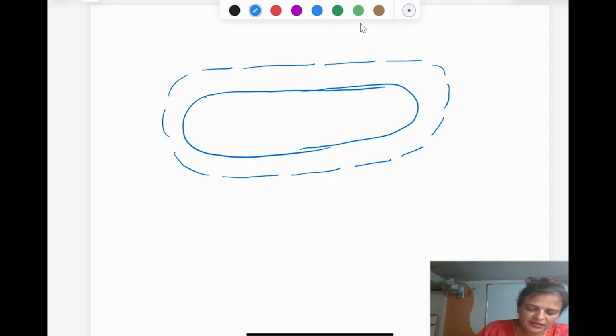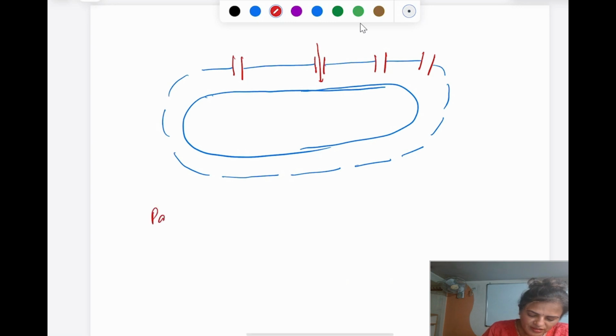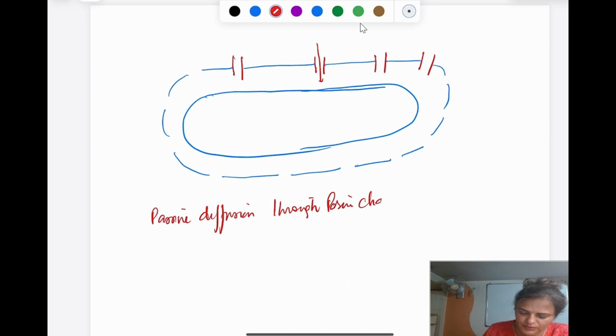Here you will see various porin channels. Initially the aminoglycoside is going to cross this cell wall through the porin channel. So, there is a passive diffusion through the porin channel. This is the porin channel.